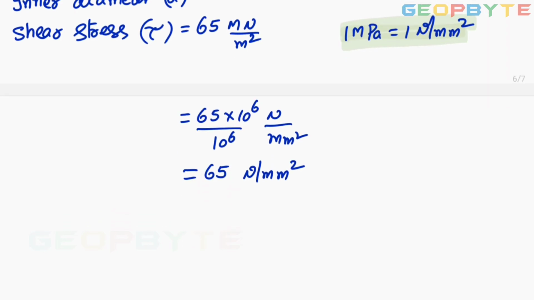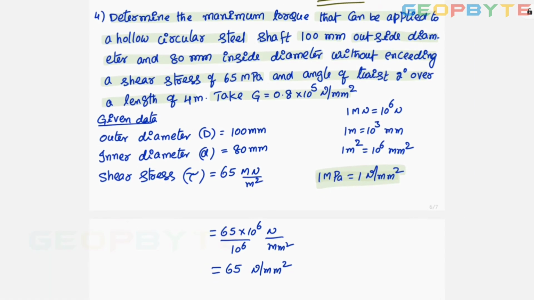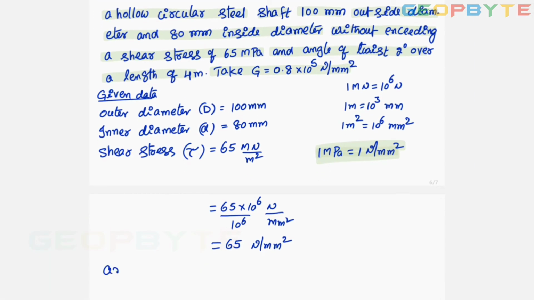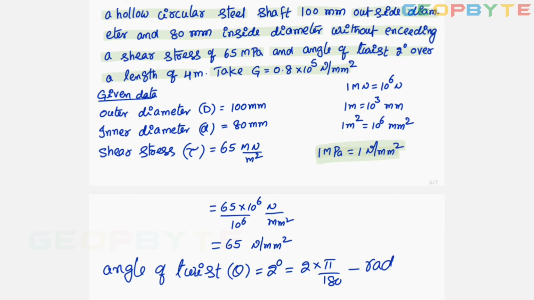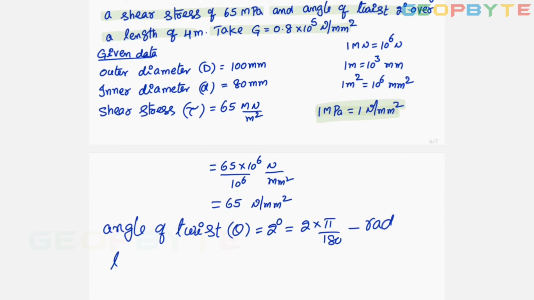Now, other data which is given: angle of twist theta equal to 2 degrees. It is equal to 2 into pi by 180, in radians, over a length of shaft L equal to 4 meters.